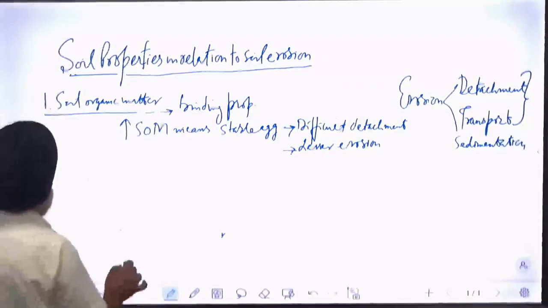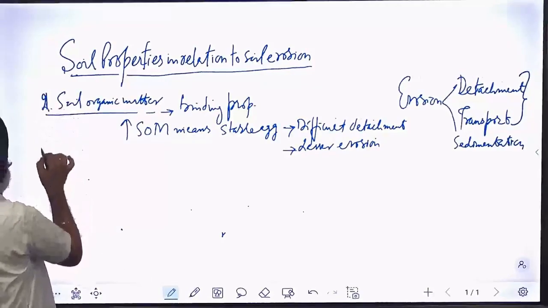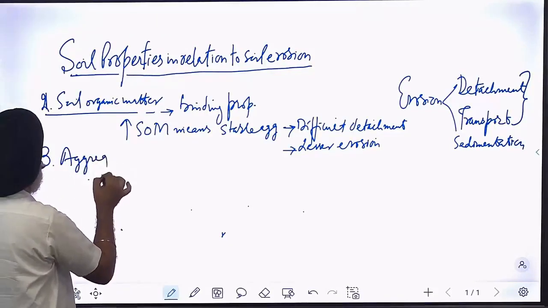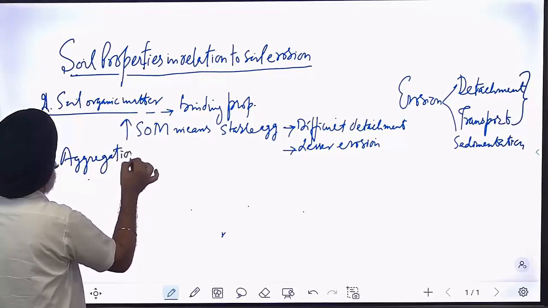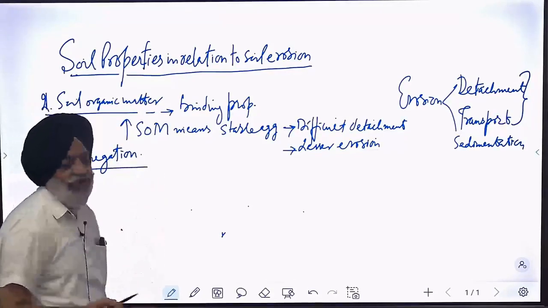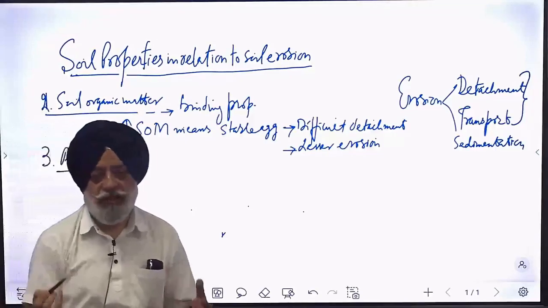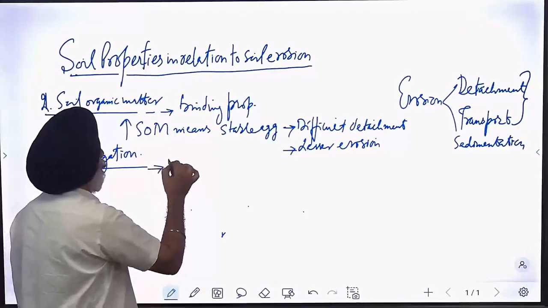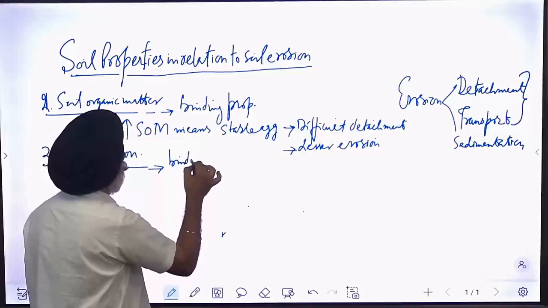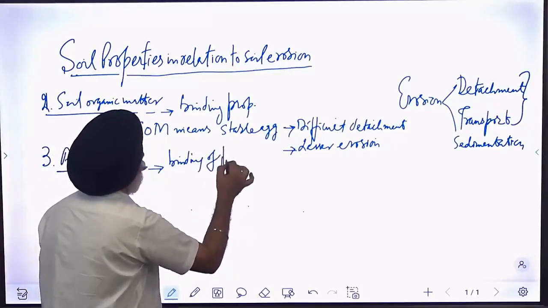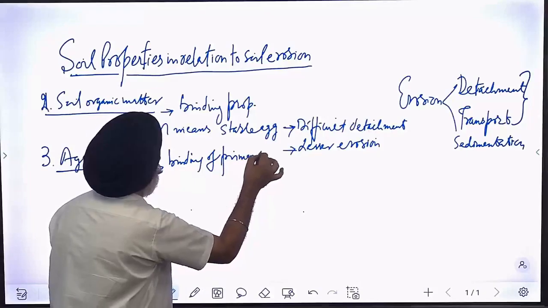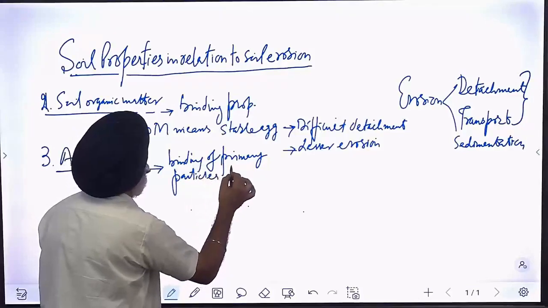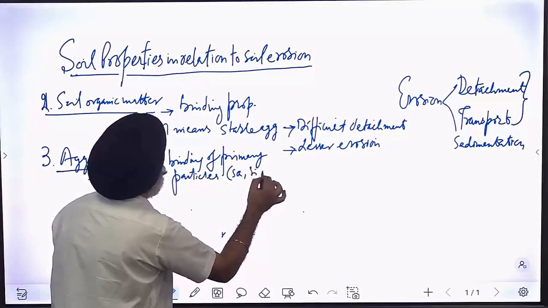Then after this we have the third factor, that is aggregation. Aggregates are basically called secondary particles, and these are formed by binding of primary particles like sand, silt and clay.